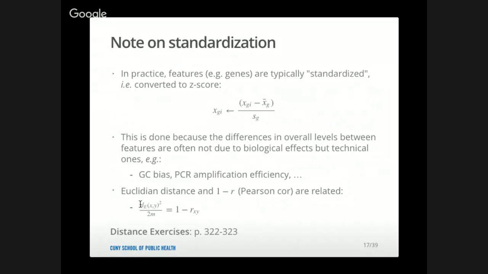So if the Euclidean distance is scaled, it turns out to be equivalent to 1 minus Pearson correlation. This 1 minus Pearson correlation is the distance measure really most commonly used in a lot of genomic data analysis.